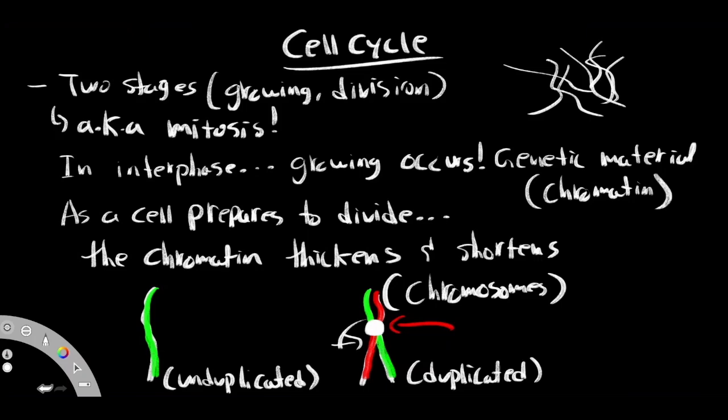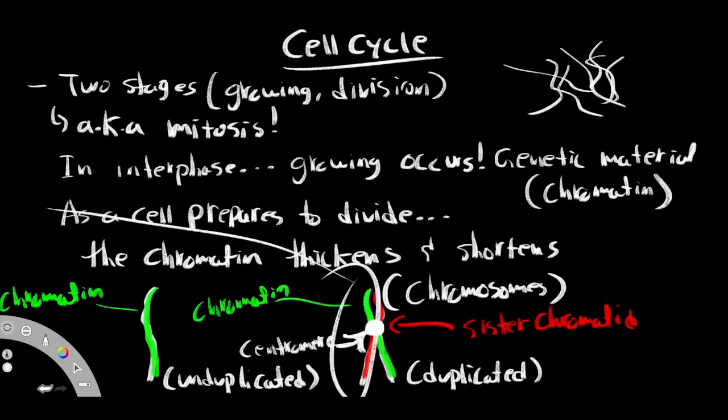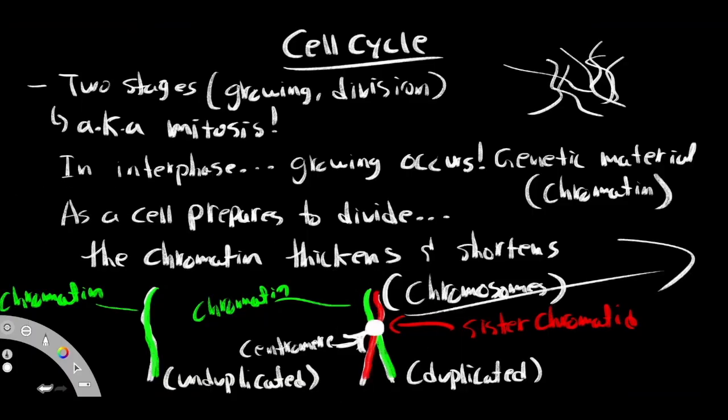I'm just going to label this properly: the little dot right there is the centromere. This was that chromatin, same with this one, and this one here is the new sister chromatid. Eventually they will split. This one is going to split off, and this other strand is going to split off too.